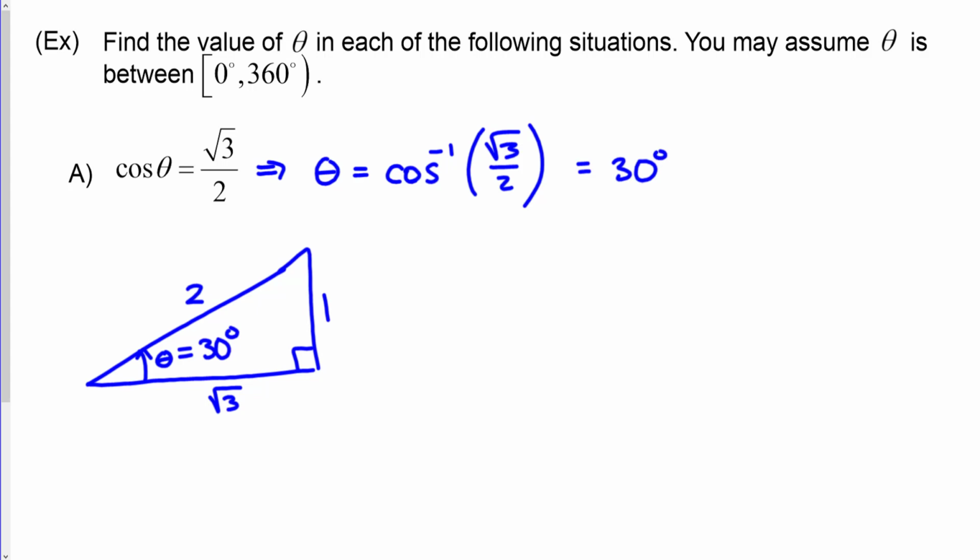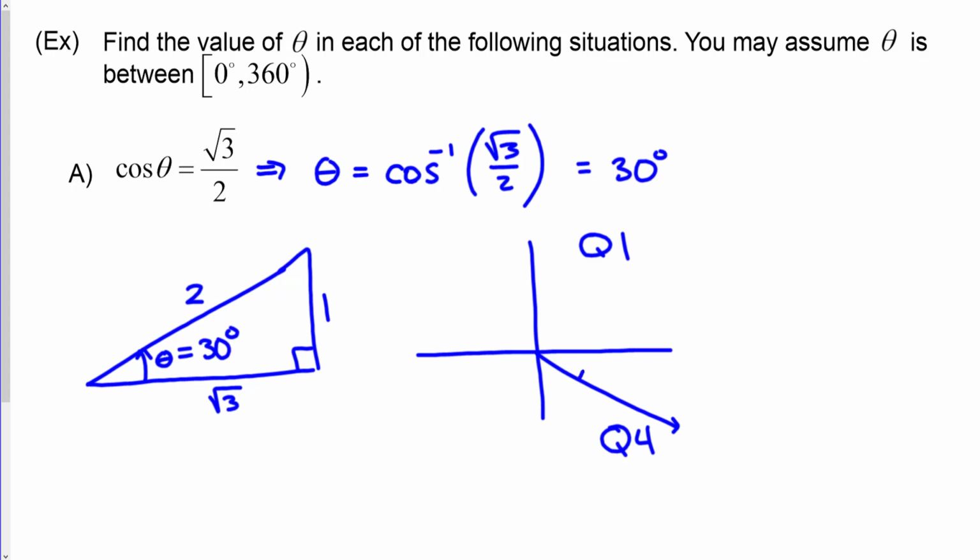It turns out there are actually two, because I'm going between 0 and 360 degrees. I know that cosine can be positive in quadrant 1, but also in quadrant 4. So I can have two different answers, but they would have the same reference angle, and that reference angle would be 30 degrees.